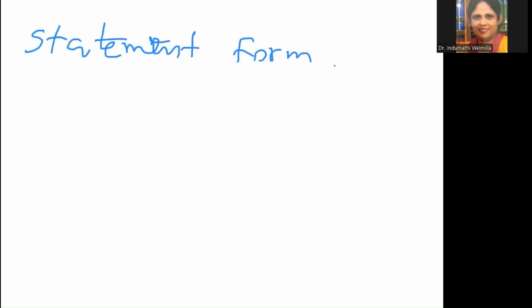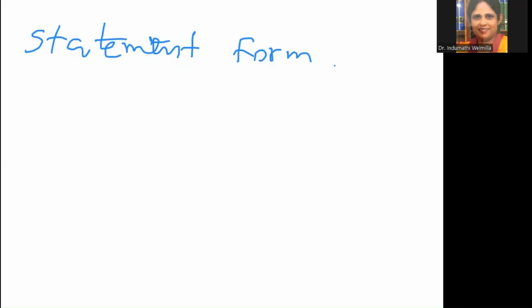In statement form, a well-defined description of the members or elements of the set is written, and it includes the curly brackets. For example, the set of even numbers less than 15.